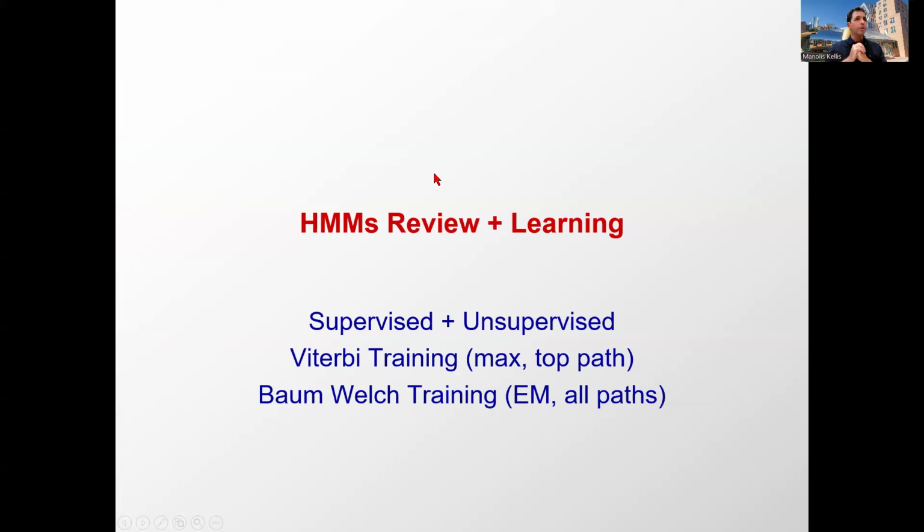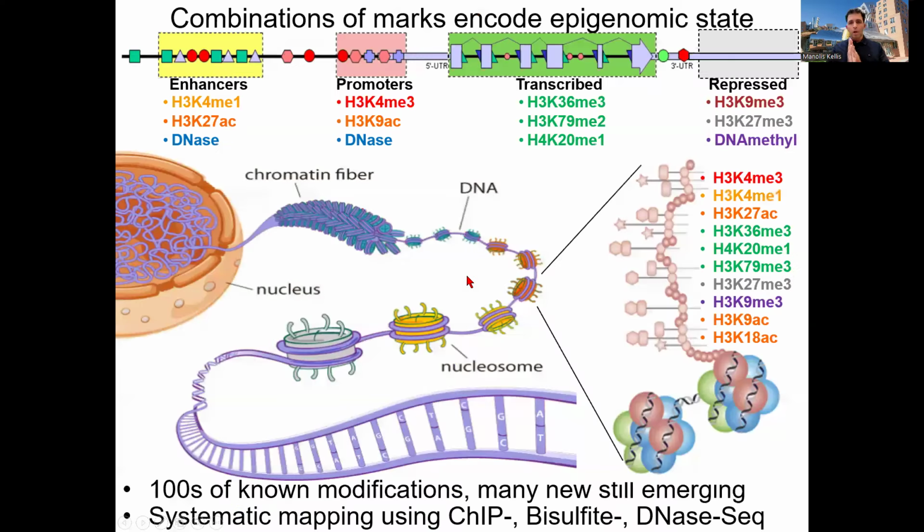So let's review a little bit hidden Markov models that we talked about last Thursday and how we actually can learn with them. Again, part of gene regulation is understanding epigenomics, because that's what gives us the regulatory control regions like enhancers and promoters, where the motifs themselves are sitting and where the enhancers are bound by different regulators, linking them to their target genes.